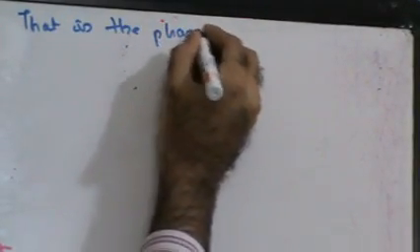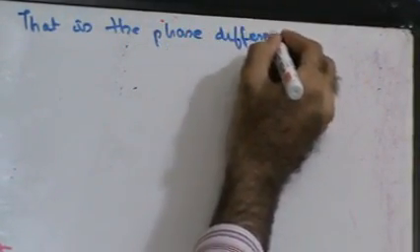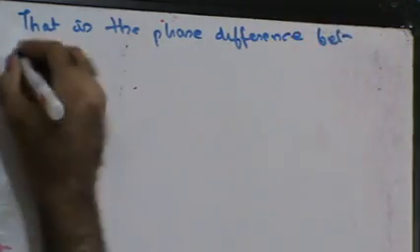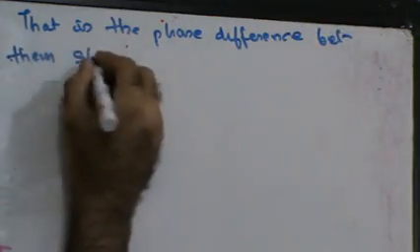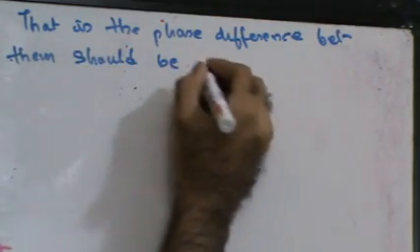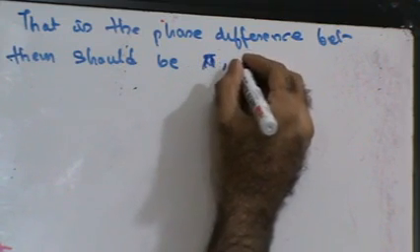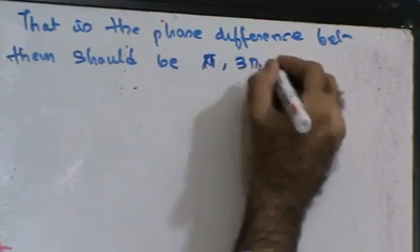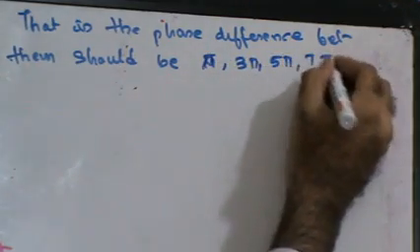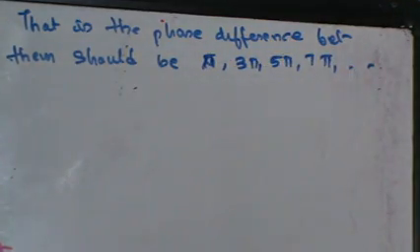That is, the phase difference between them should be pi, 3 pi, 5 pi, 7 pi, and so on. If the phase difference between them is this, then the two waves will be out of phase. Now for this phase difference, I can say what?